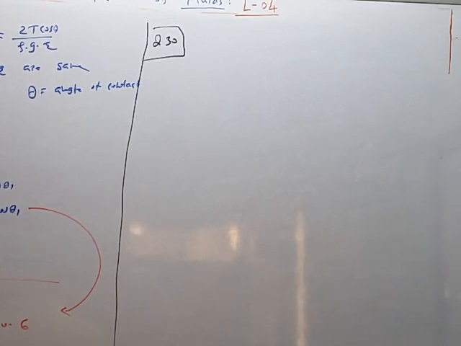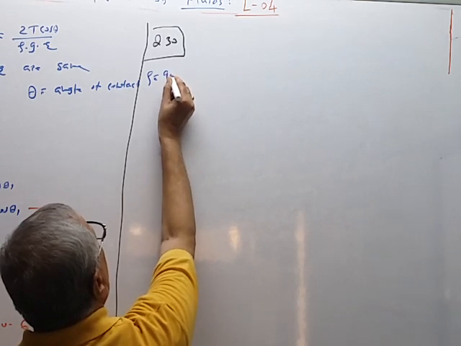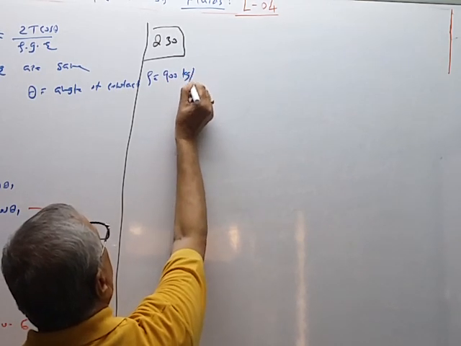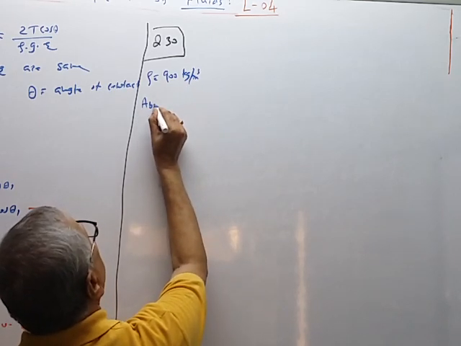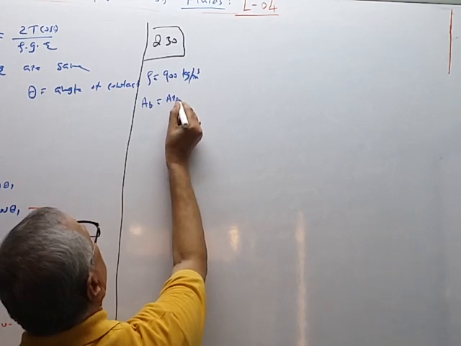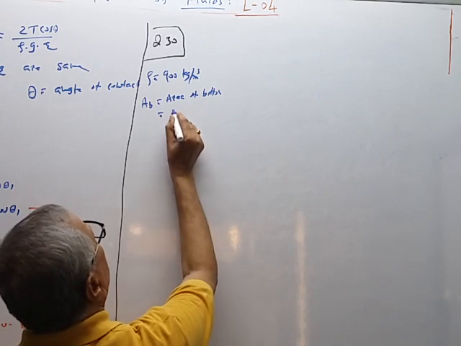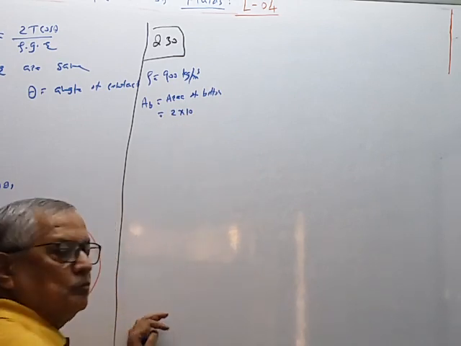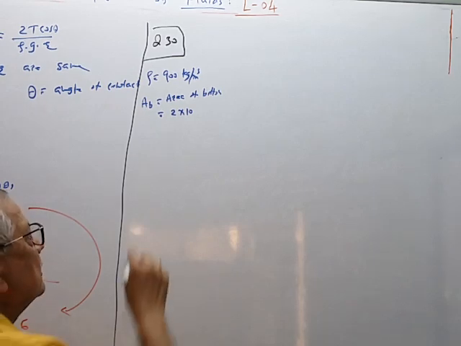That means we have to take only the bottom area for the calculations. Remember, we only need this point. So, way to calculate the force. What is the given quantity? Density rho is equal to 900 kg per meter cube. Area of the bottom is equal to 2 into 10⁻³ meter square.